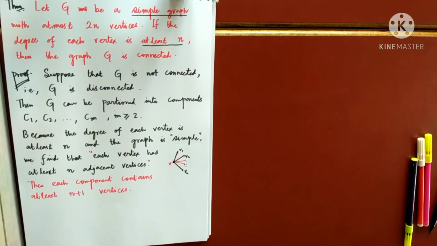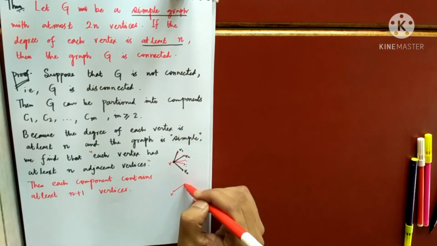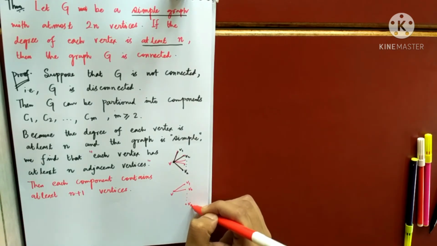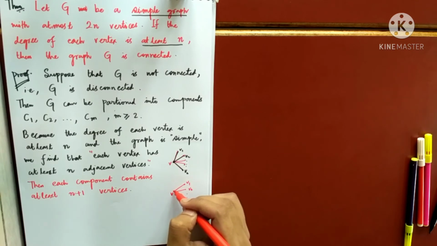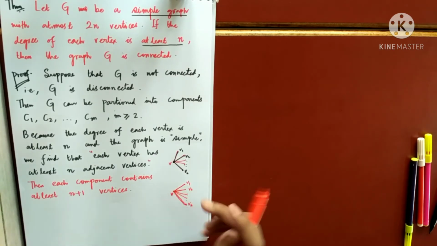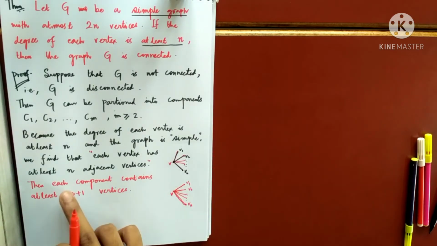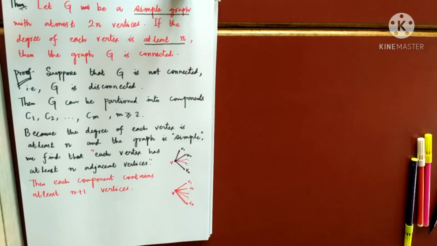All have got a meaning, because every vertex V is adjacent to n vertices. So these vertices cannot lie in different components. Why? Because I can find a walk from this vertex to any of these vertices. So they all lie in the class of V. So in the class of V, how many vertices are there? N plus 1. So every component will contain at least n plus 1 vertices. Understood my point?